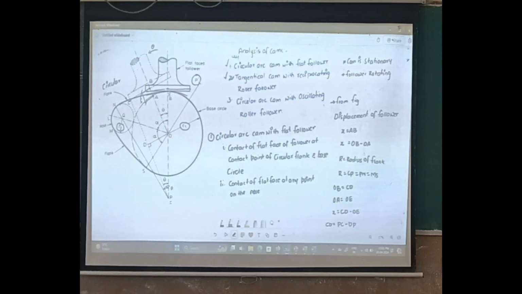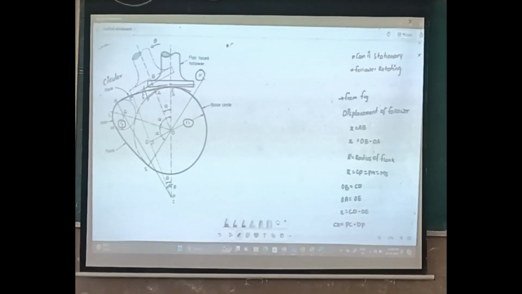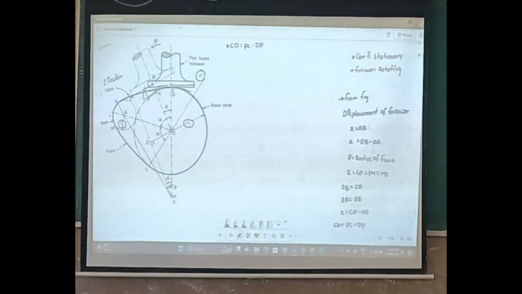What is meant by PC? It is the largest radius of the circular flank. Now PD or DP we require. Writing that CD is equal to PC minus DP.